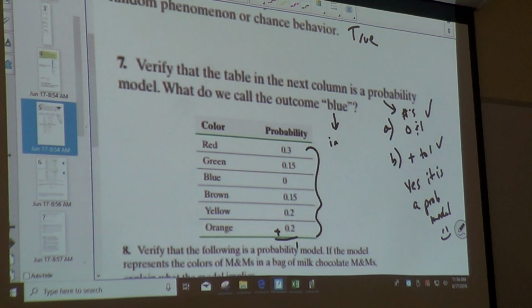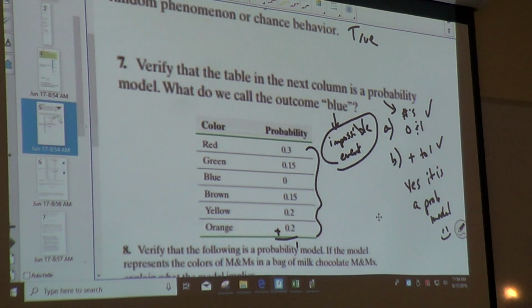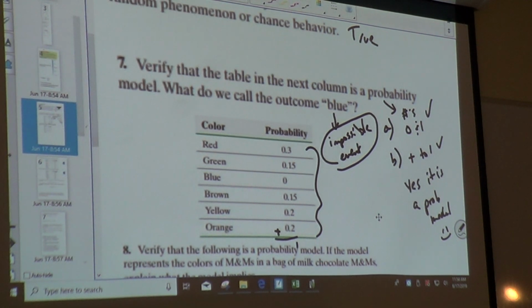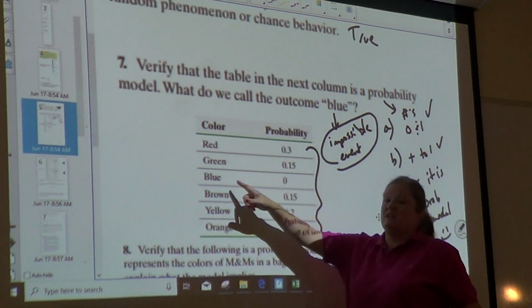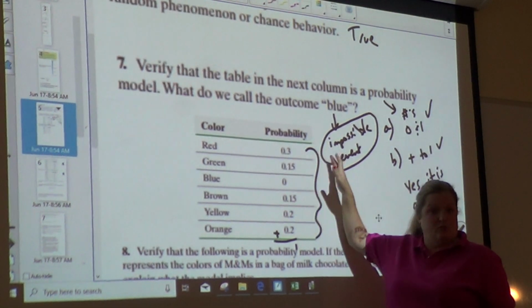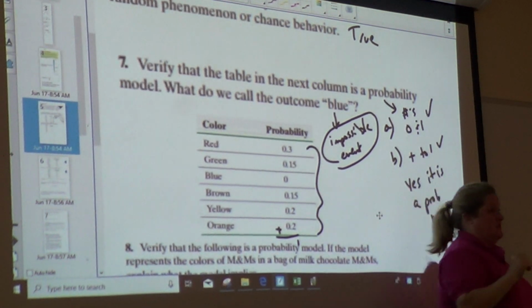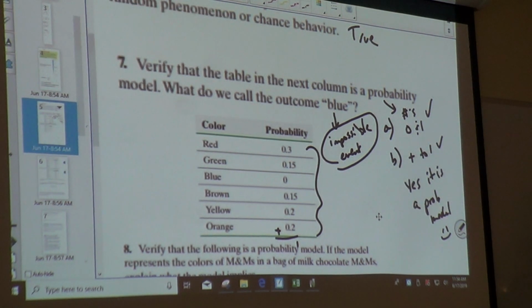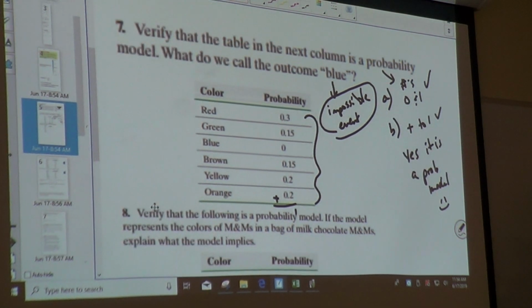We call that an impossible event. We will never see blue. It's just like me going to the gumball machine and wanting to get an M&M out. It ain't gonna happen. It's a gumball machine. Here, the probability of me getting a blue is 0. I'm not gonna see it. It's impossible. That is an impossible event. 0. Good? Remember, we always start out easy.